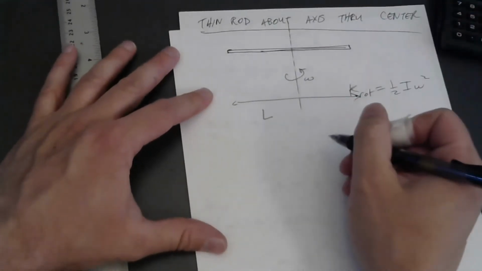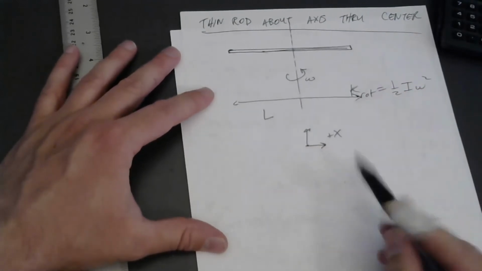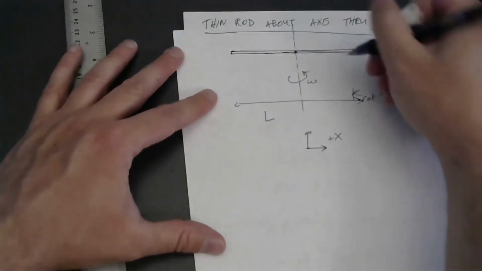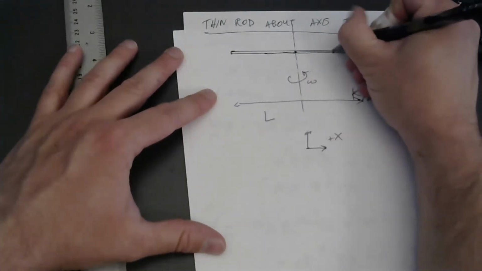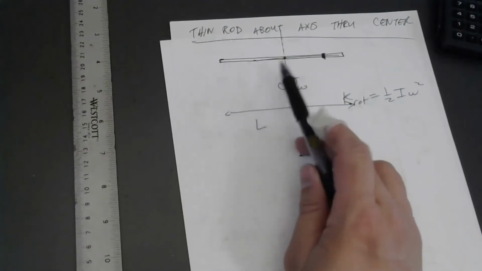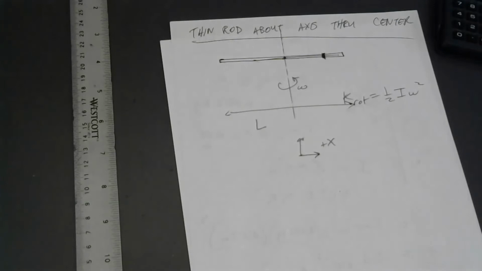And I'm going to go ahead and set up a coordinate system here. This is the positive x-axis off to the right. And I'll put the origin right here. Let's take a representative piece of mass. Remember, it's infinitesimal. Since we don't have like 20 or 30 point particles here, the mass is distributed uniformly, or I should say continuously, throughout the rod. We have to use calculus.